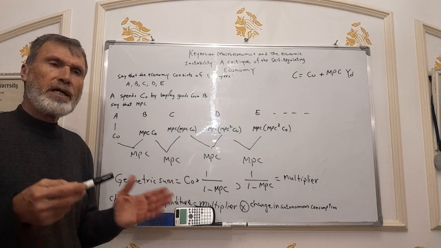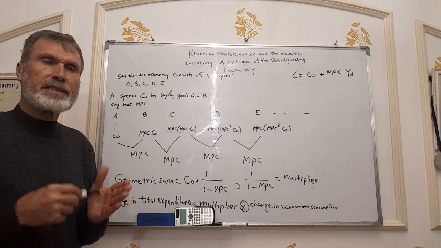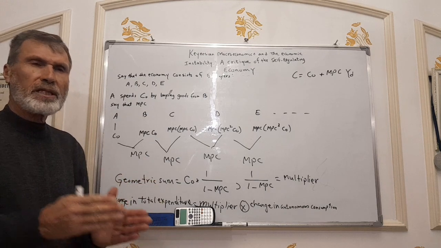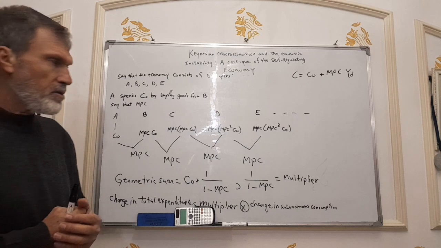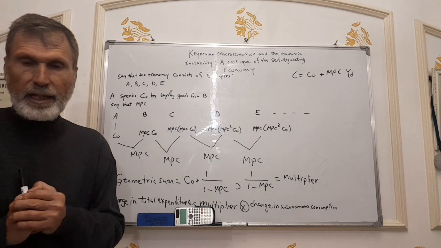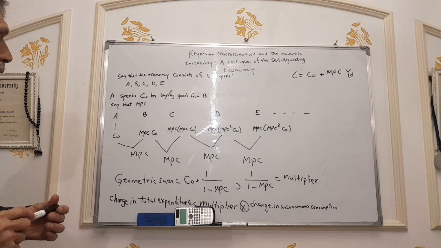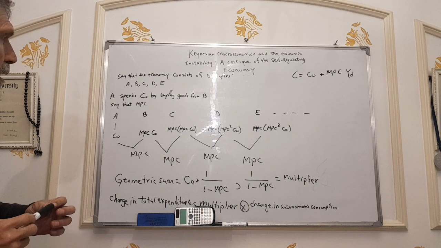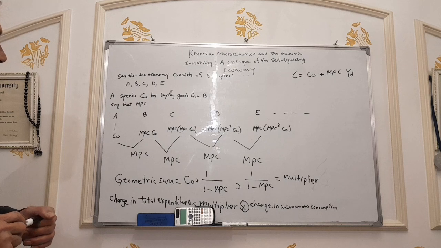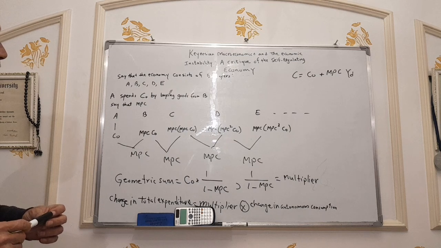Investment can be stated as the sum of autonomous investment plus another factor, like this. And this is basically the whole concept concerning the consumption function that was derived by Keynes.